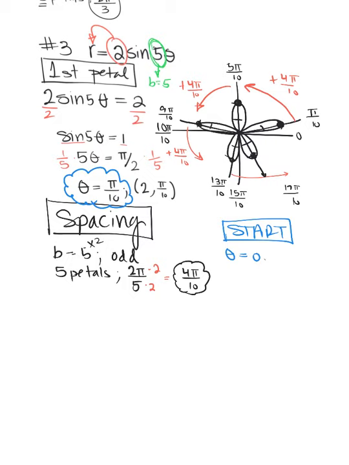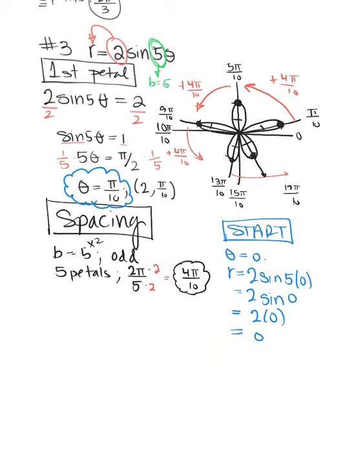So I'm going to let theta equal 0, and I'm going to do that in my original equation. So I have r equals 2 sine of 5 theta, but replace theta with 0. So that would give me 2 times the sine of 5 times 0. And I know that sine at theta equals 0 is 0, so 2 times 0.